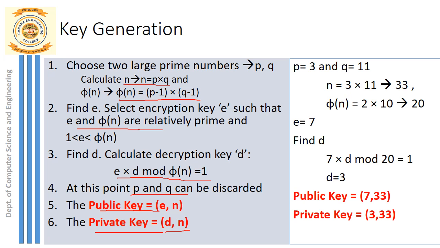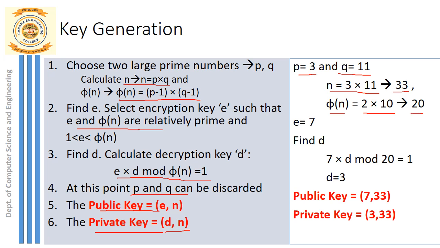We will discuss this with an example. I have selected P equal to 3 and Q equal to 11, which are two prime numbers. First I calculate N, which is P into Q, that is 3 into 11, 33. Next I need phi of N, which is equal to (P minus 1) into (Q minus 1), 2 into 10, which is equal to 20.